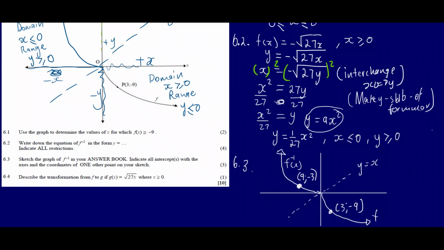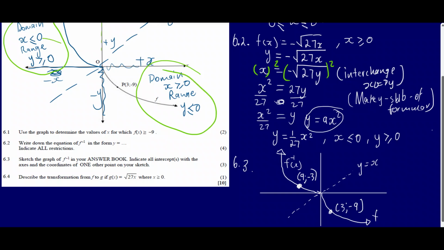So remember that the inverse and the graph, they interchange everything. The x coordinates and the y coordinates would swap, right, for that. And then also the domain and the range would swap, as you can see here with the domain of this one and the range.